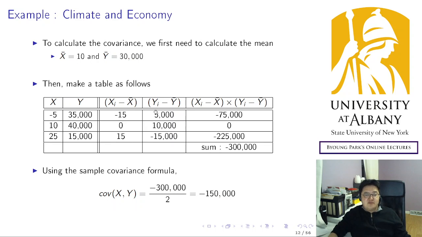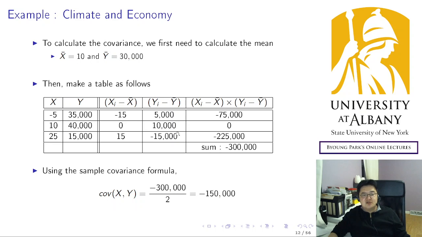Do the same thing for Y. The average GDP per capita is $30,000, and Canada is $5,000 higher than the average, the US is $10,000 above the average, but Mexico is $15,000 below the average.